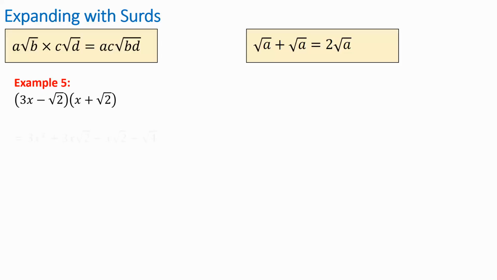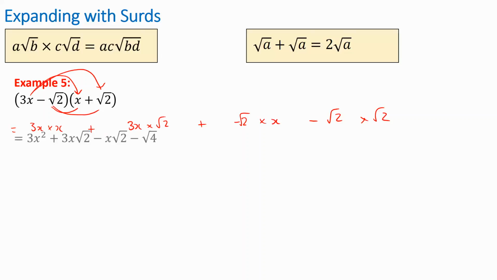Here we go. Hopefully you did 3x times the x, plus 3x times the root 2, plus negative root 2 times x, and then negative root 2 times root 2.